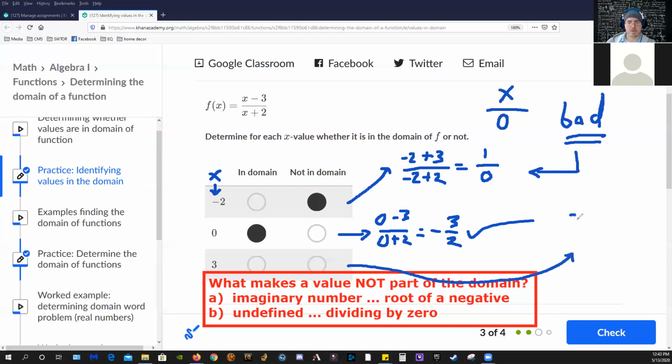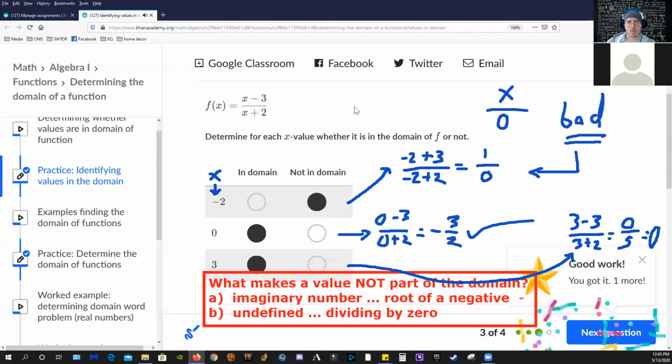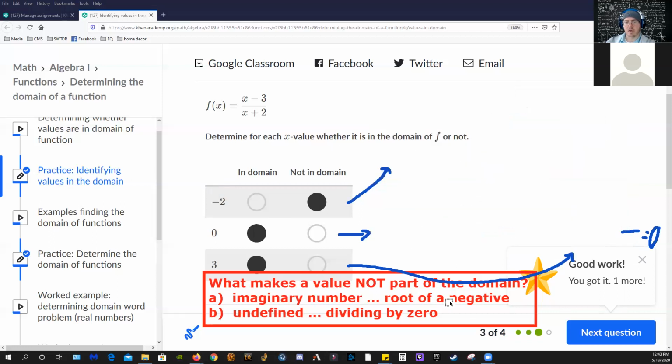Last one would be 3 minus 3 over 3 plus 2, which is 0 over 5, which is fine, because 0 divided by 5 is just equal to 0. That's totally okay. Getting 0 as an answer is totally fine. Having 0 in the denominator makes things horrible, next to impossible.